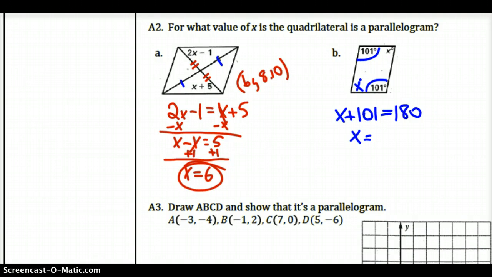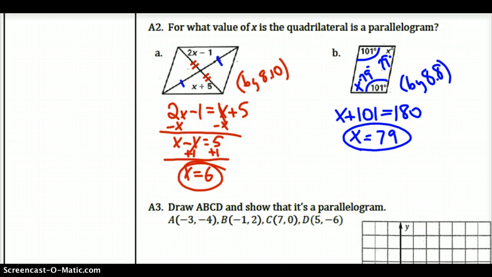So when I subtract, I get 79. So that means 79 here, 79 here. Those are congruent. So by theorem 8-8, this would give us a parallelogram.